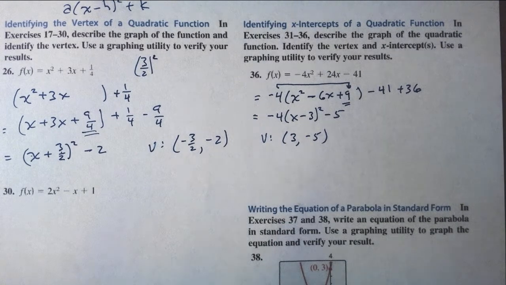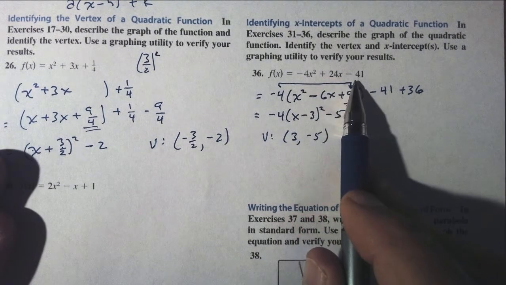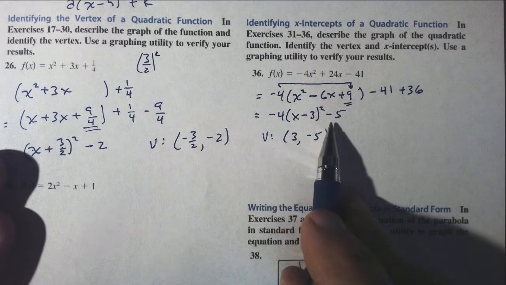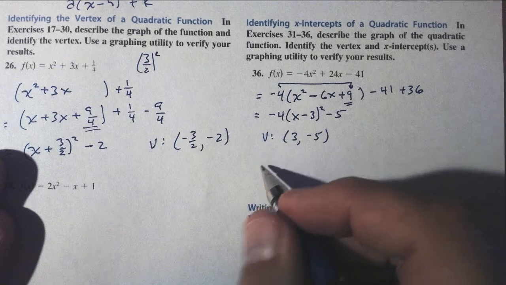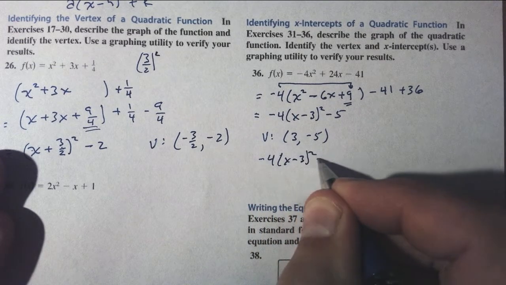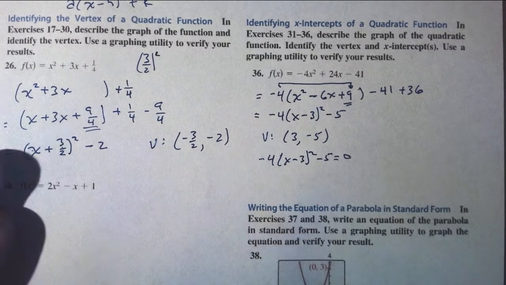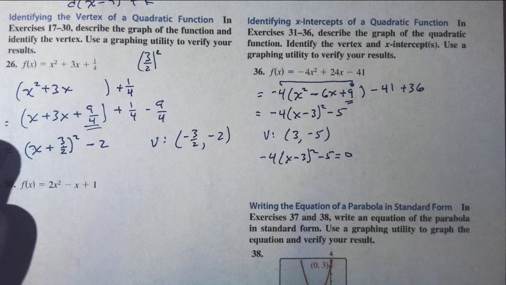X-intercepts. Now, for the x-intercepts, I could go quadratic formula here. I could go back to here and go quadratic formula. But if I've got the square completed, for the x-intercepts I want to know when y equals 0. I'm going to go negative 4 times x minus 3 squared minus 5 equals 0. That'll give me the x-intercepts, the x values that give me a y value of 0.